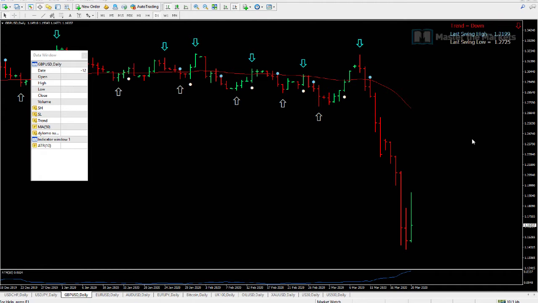So here we are now, deciding on the first thing for placing a trade. You need to know your trade direction. Are you going to take it short? That means, do you expect this to further go down, or do you expect this to further go up?